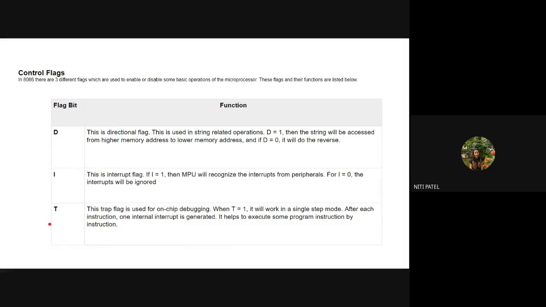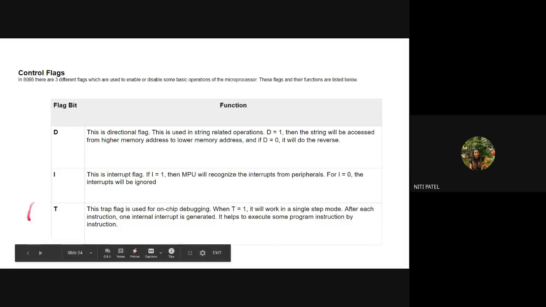You have different interrupts and every interrupt has a level, low priority, high priority. If it is a higher priority, you have to compulsorily take that interrupt. But if it is low priority, you can ignore it. My father's call was low priority, so I ignored it. But can I ignore the principal's call? No, I have to compulsorily take that call.